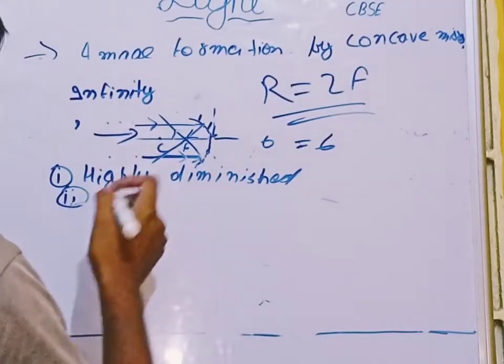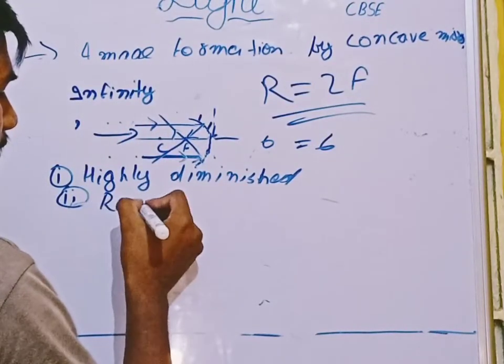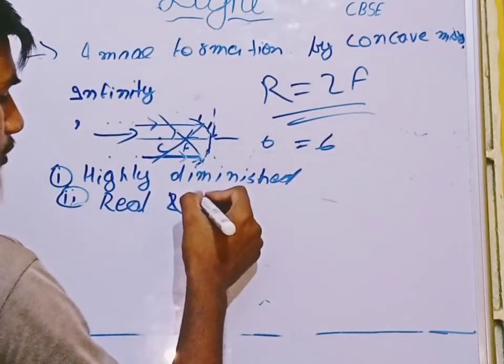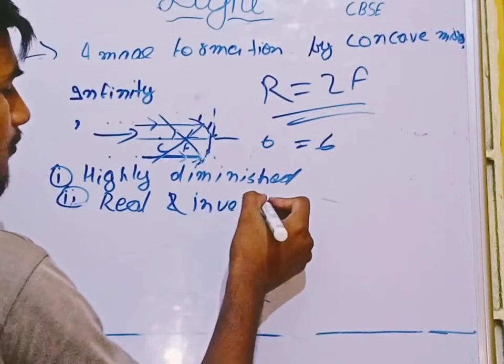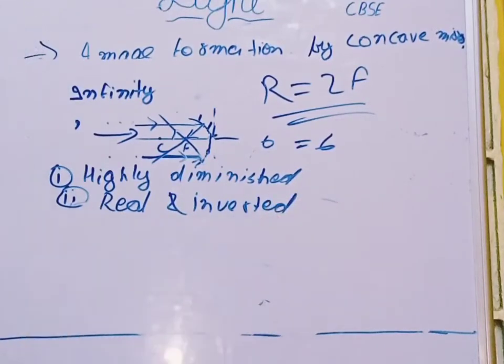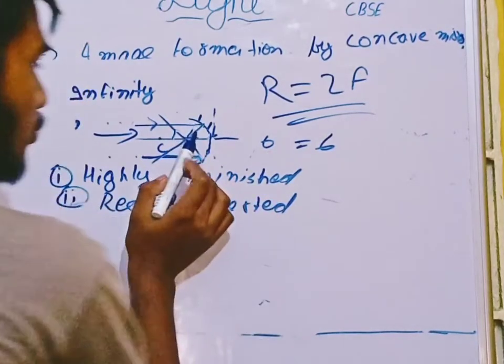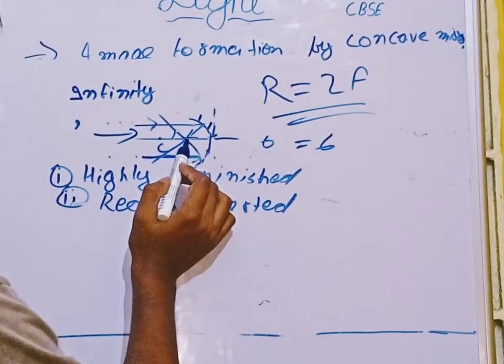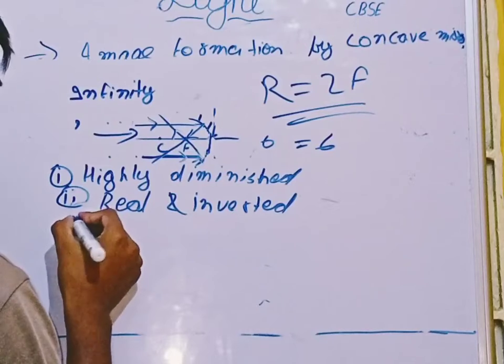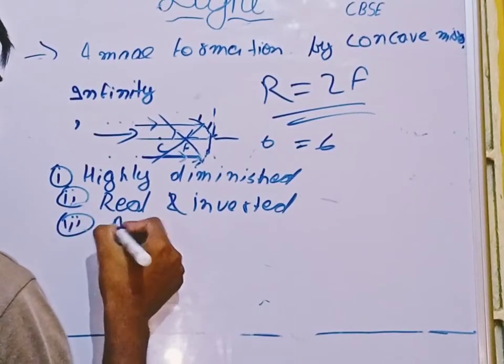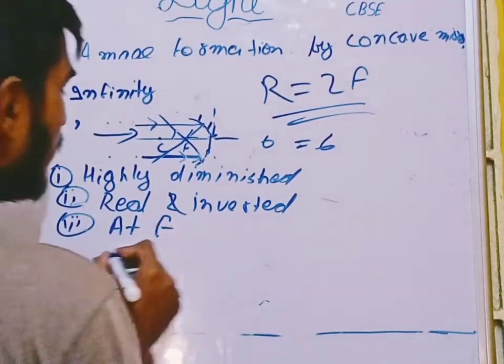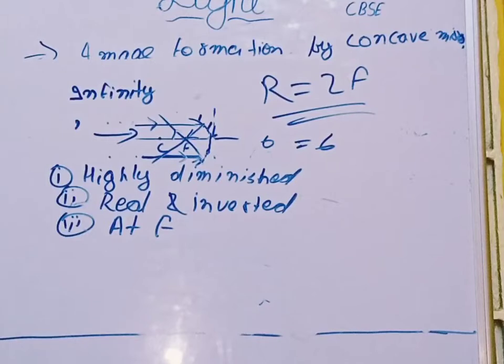Then what we have to write is where it is formed, and we know that it is formed at F. Okay.